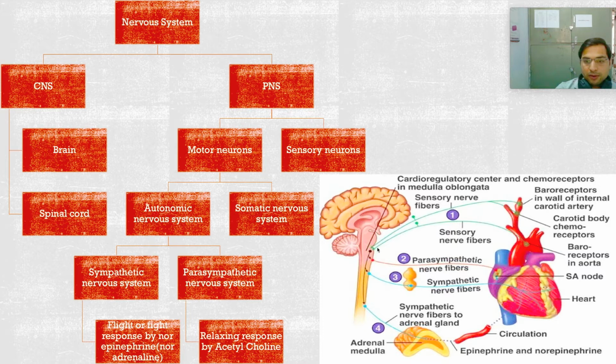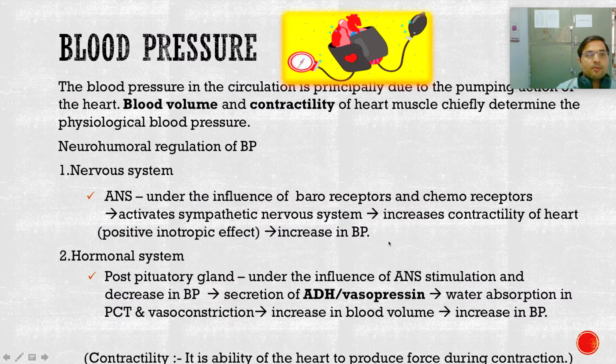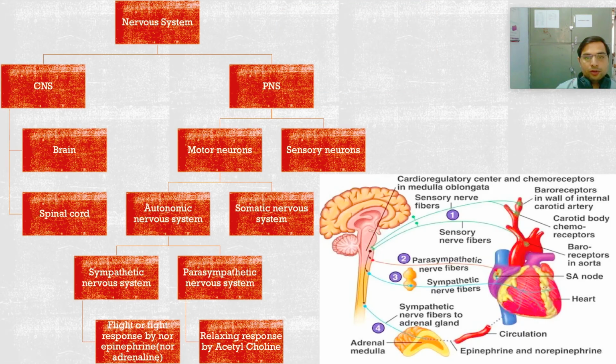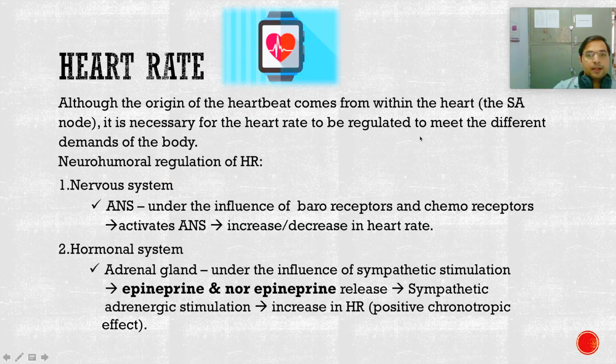Parasympathetic nerve fibers constitute the vagus nerve. Similarly, the sympathetic nerve supply goes to many other organs, and one organ we are concerned with is the adrenal medulla over the kidney. So that is how the heart rate is regulated.